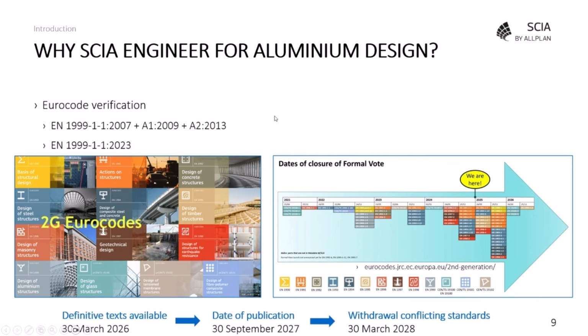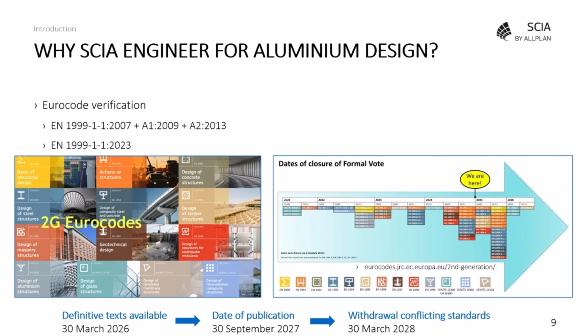At the moment, the current Eurocode 9 is implemented. This code was already published in 2007, including some addendums of 2009 and 2013. Currently, the second generation of Eurocodes is on its way.